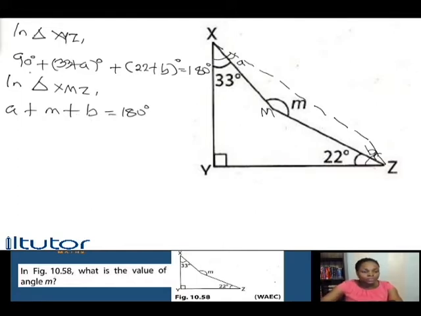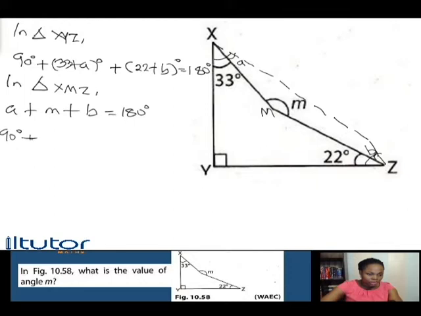So now if this is equal to 180 degrees and this is equal to 180 degrees, it shouldn't be out of place for us to say that this is equal to this. 180 is equal to 180, so we can in the same manner say that this is equal to this, since both of them are 180s.